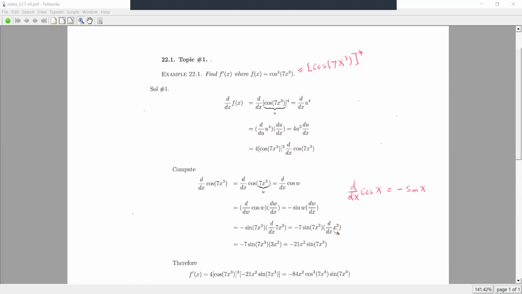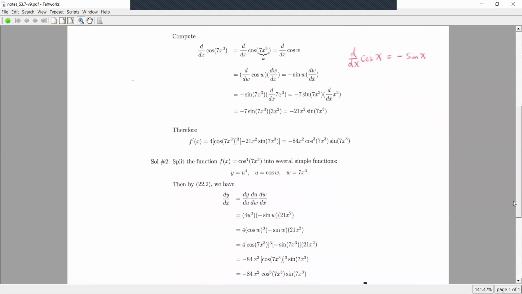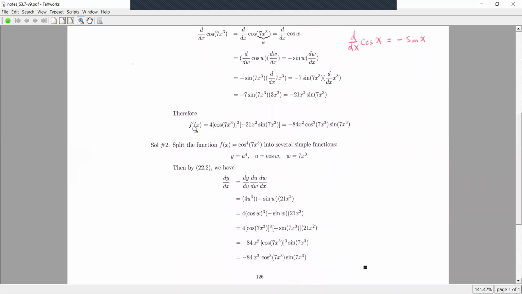Derivative on x to the third with respect to x is 3x squared. Simplify this expression, then this is the result of this derivative. Now, plug in the result here, then we get the derivative of function f is this.